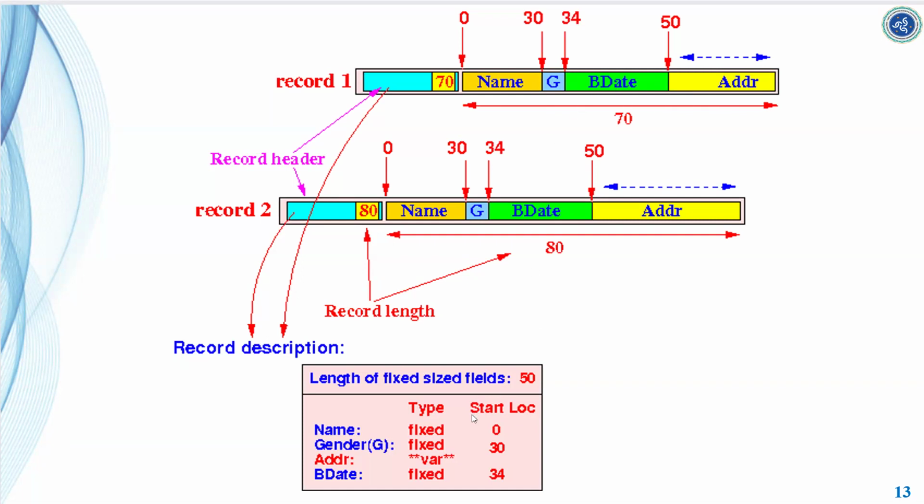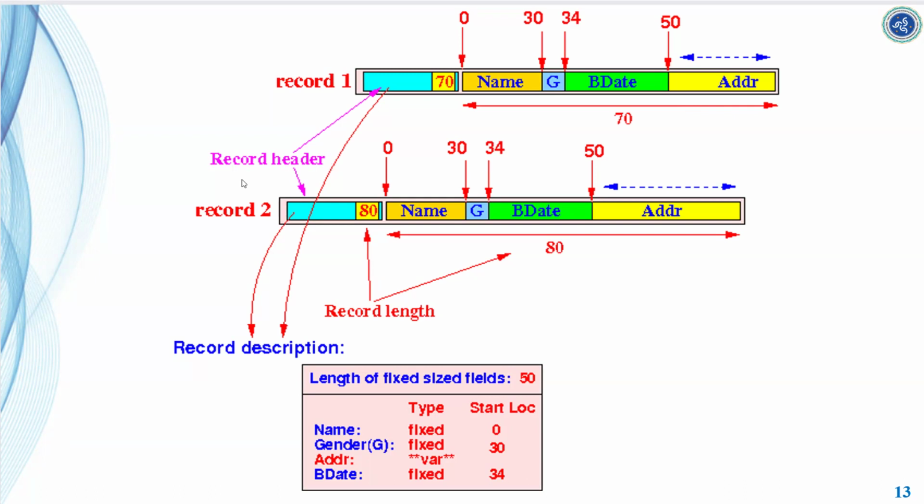So the length of the fixed part is given as 50. The 50 positions will be occupied by name, gender, and birth date. And next, finally, we have the variable-length field, that is the address part. So the rest, after 50, from 51 onwards, the record will be storing the address of this record 1, the first person.